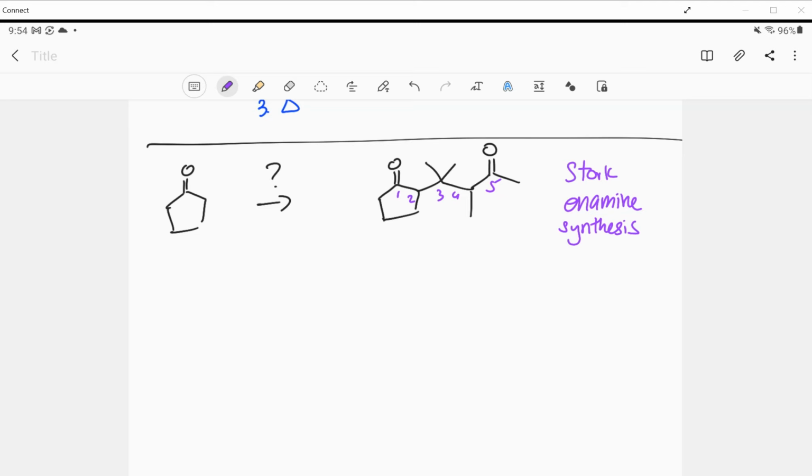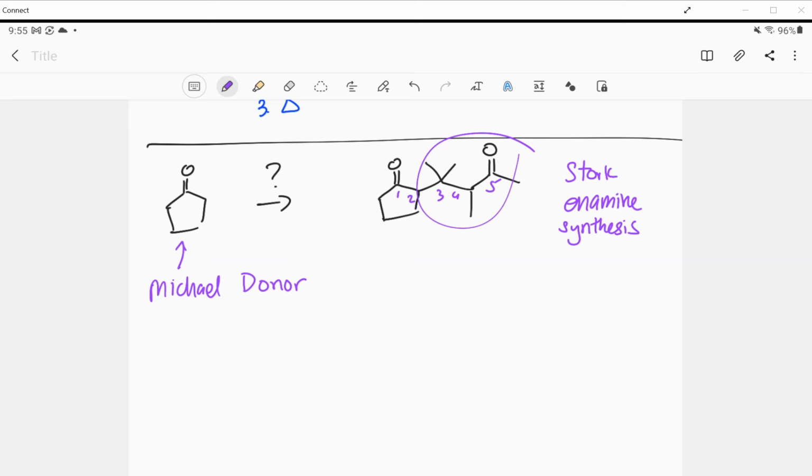So, with that, this is our Michael donor, which means that somewhere in this question mark of reagents, we have to have our Michael acceptor. And so our acceptor is going to be the rest of the molecule. And we just need to remember that the acceptor needs to be an alpha-beta unsaturated compound.